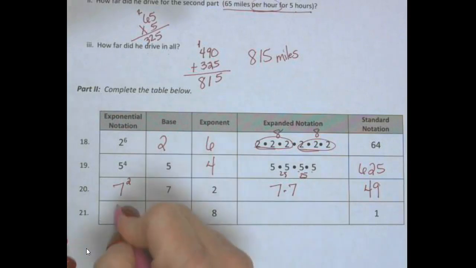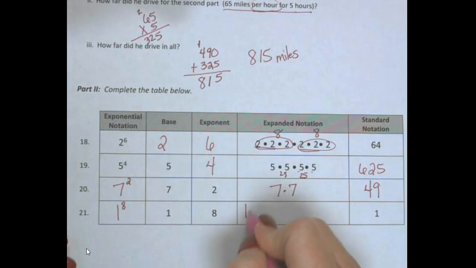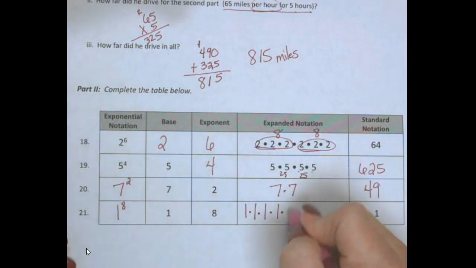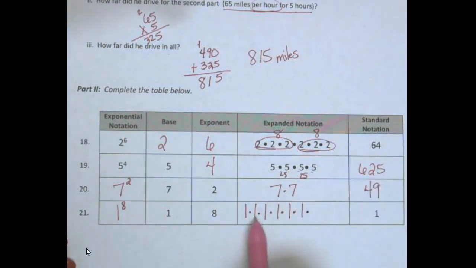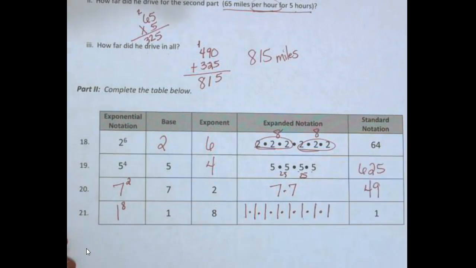This is 1 to the 8th power, meaning 1 times 1 times 1 times 1 times 1 times 1 times 1 times 1. 1 times 1 times 1 is all going to equal 1.